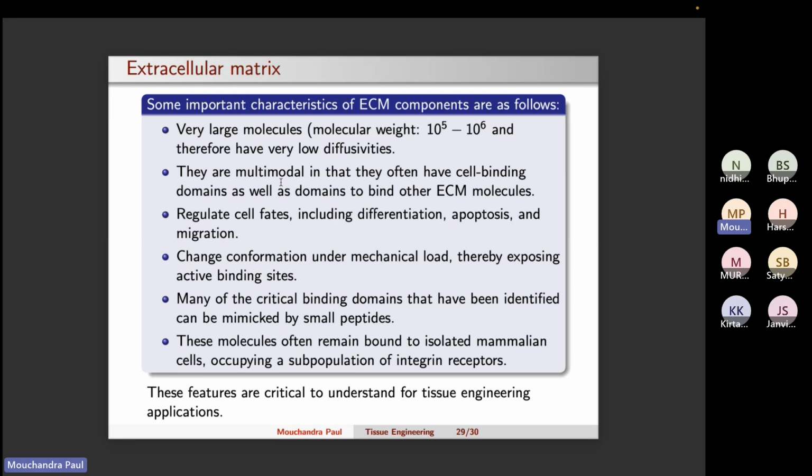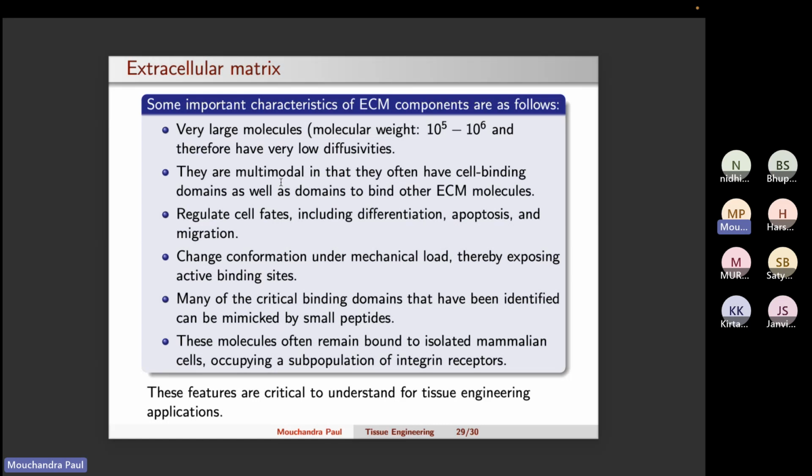Their diffusivity is very low. Each collagen fiber cannot migrate from one place to another at a very high rate. Whereas small molecules like growth factors, cytokines, or chemokines can diffuse at a relatively much higher rate.